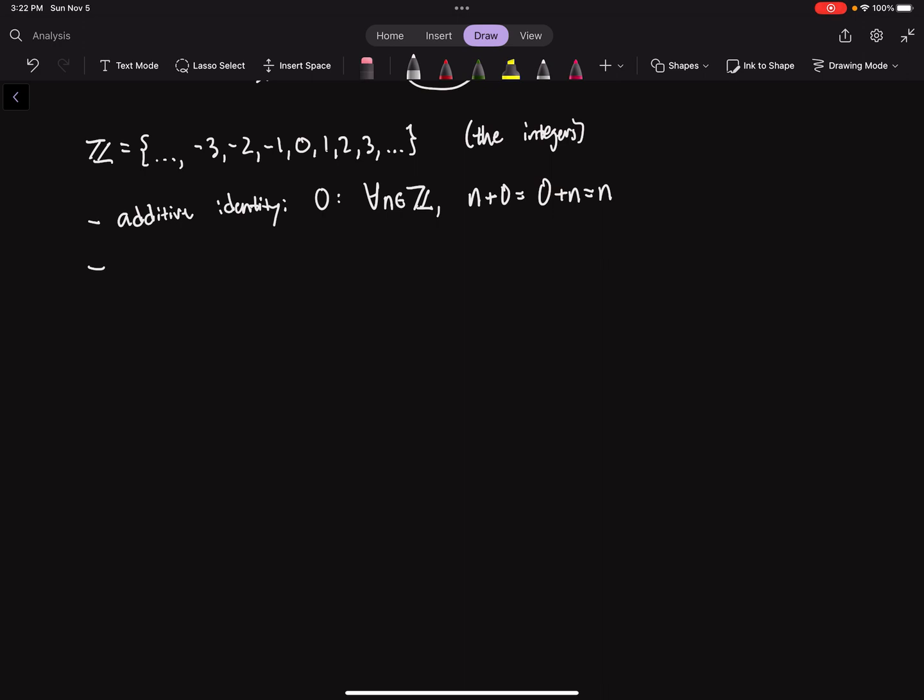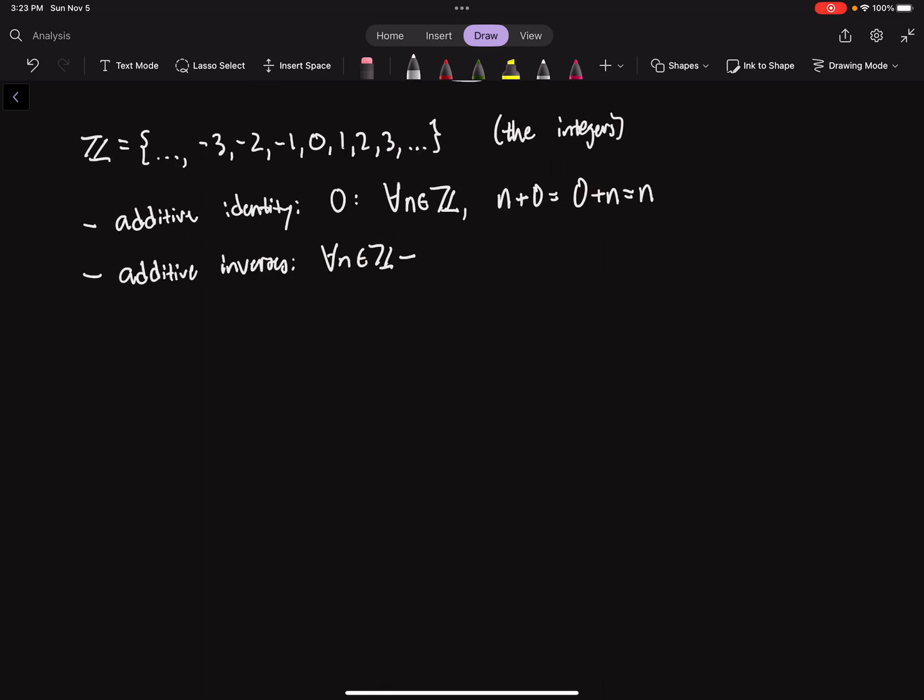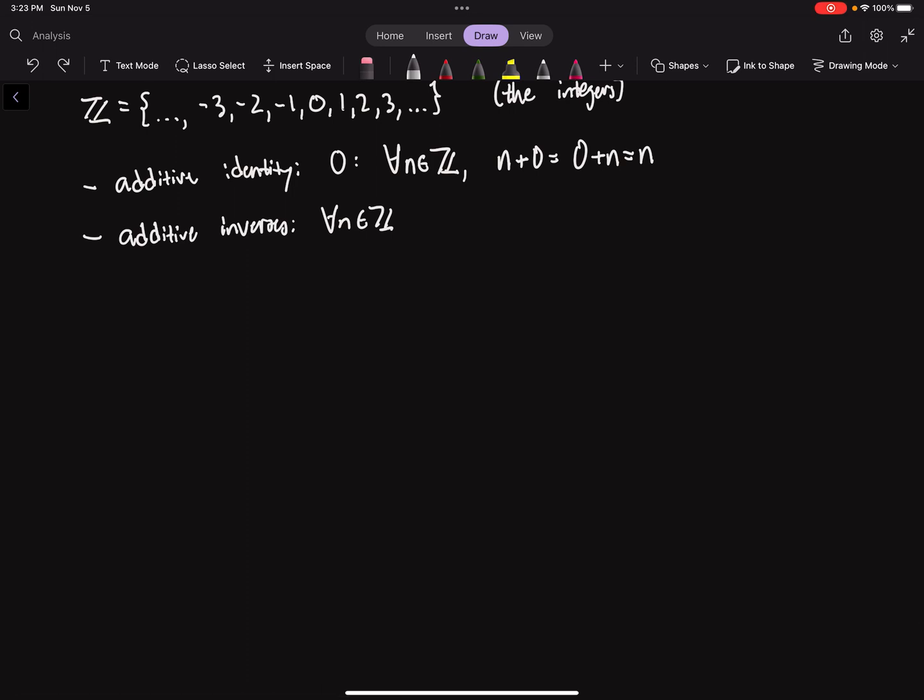That's interesting enough. We didn't have that before, but we actually have added something else that's really important, and this is called additive inverses. To each integer n, we associate this unique additive inverse.